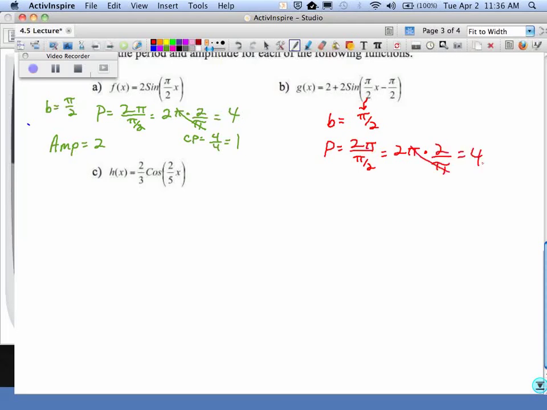What's your amplitude? That's your amplitude, 2. Where would your midline be? I know I didn't ask this, but it's this thing right here. Midline will be at y equals 2. We'd actually have a phase shift in that one. So a lot of stuff going on, but we only had to find period and amplitude, right?